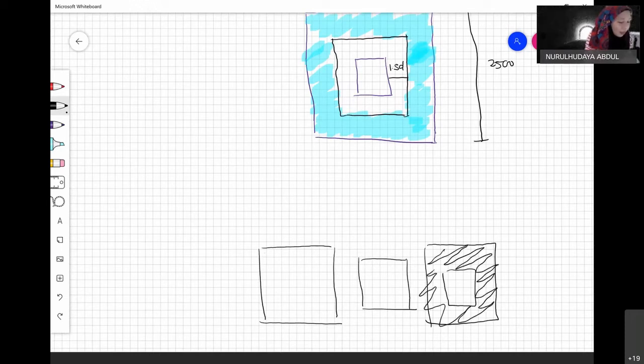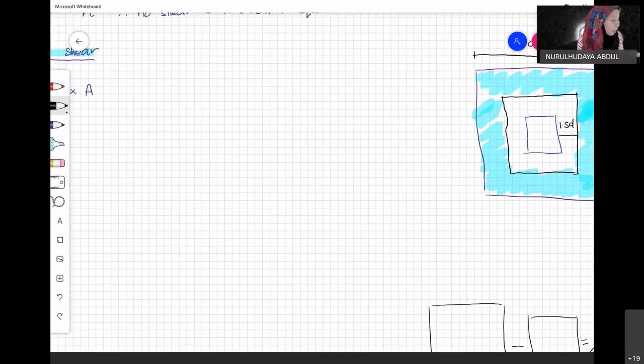Okay. Ini minus ni akan dapat this area. Okay. So itu yang akan kita buat. So kita dapatkan area besar tu, which means area footing lah.